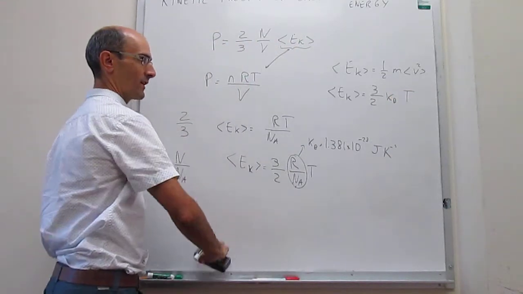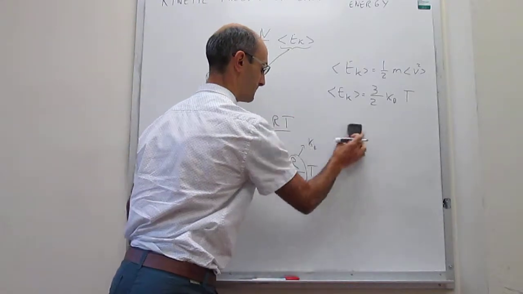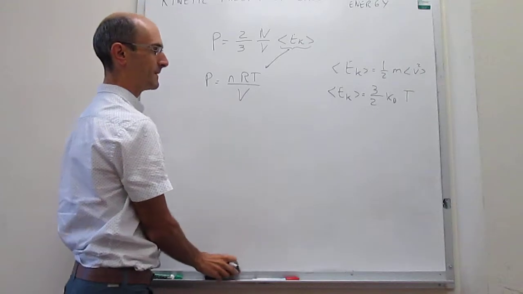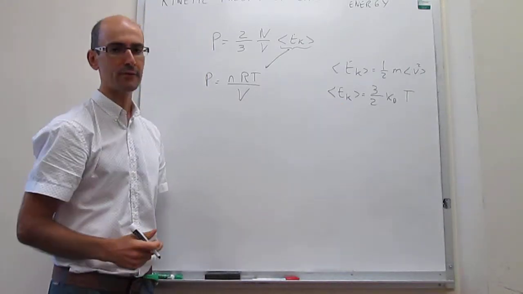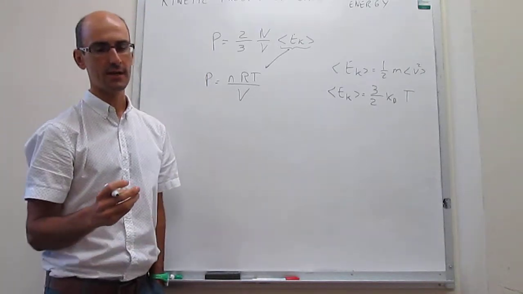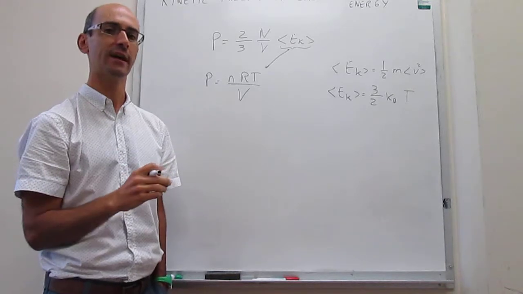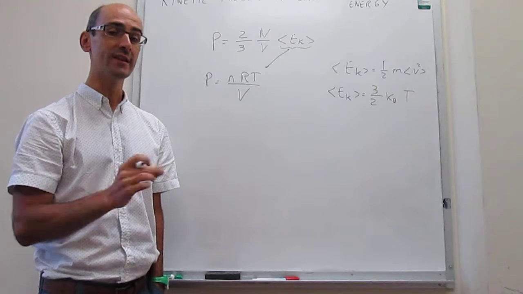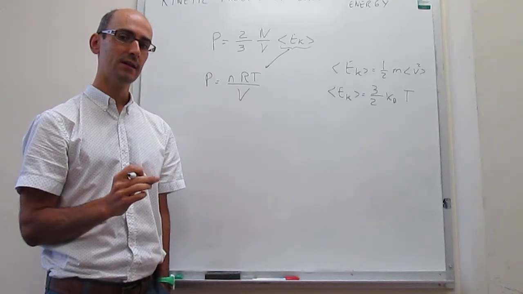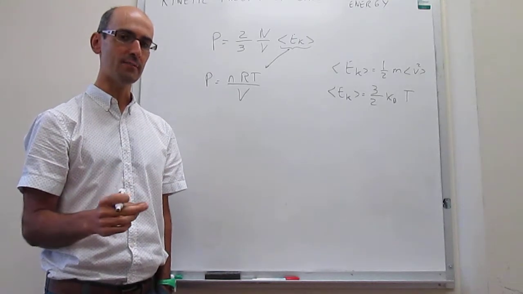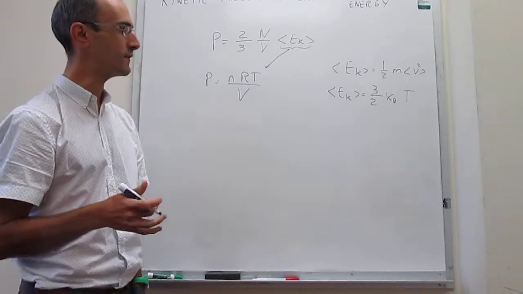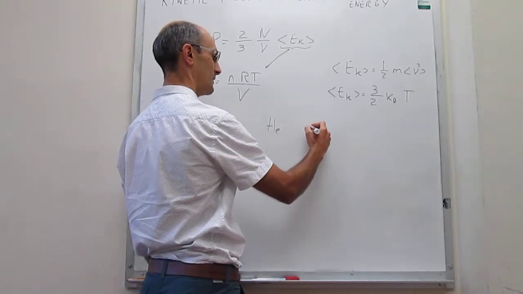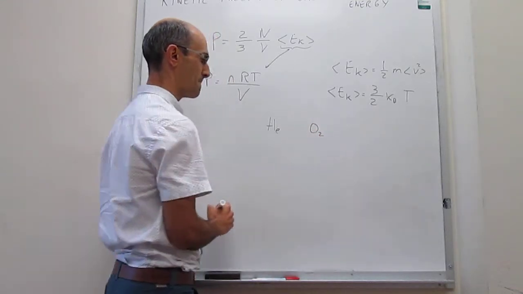Let's see if we can understand that expression a little bit more. This expression is very thought-provoking, because it tells you that the average kinetic energy of a gas does not depend on the nature of the gas. It depends only on the temperature at which the gas is. Let's think about two different gases like helium and oxygen.